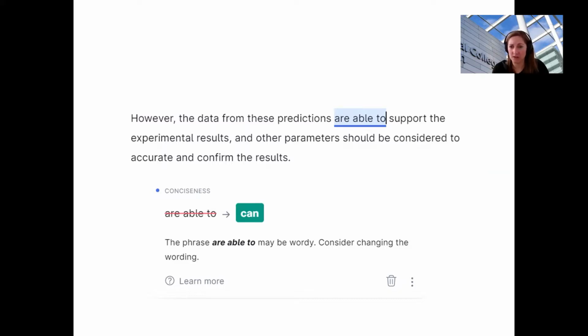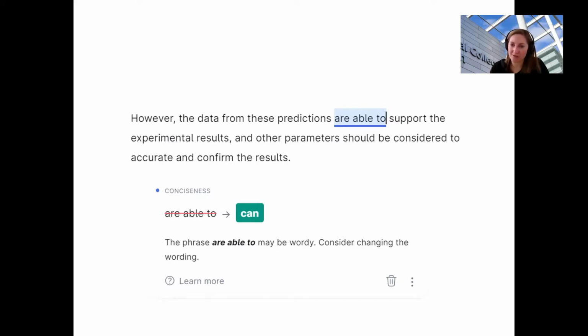Can refer to ability, or it can refer to possibility. So to say that the student should replace are able to with can would actually make the meaning less clear. In fact, I would do the opposite to Grammarly. If the student had put can here, I would suggest that they either change it to are able to or maybe able to, so make that meaning clearer.